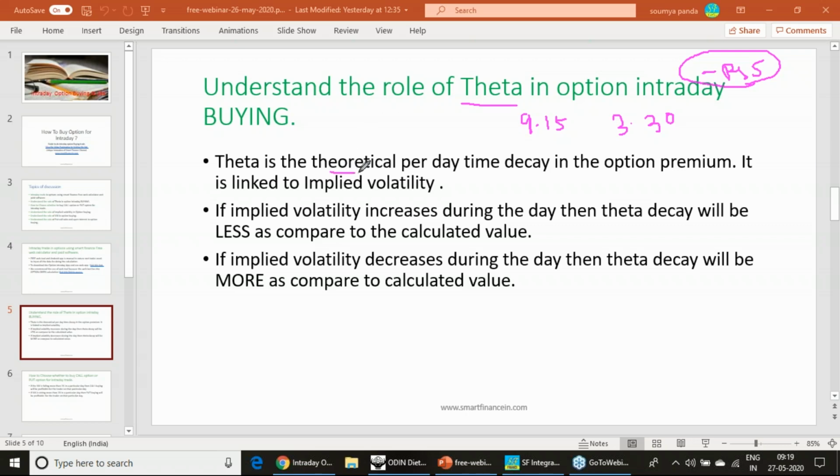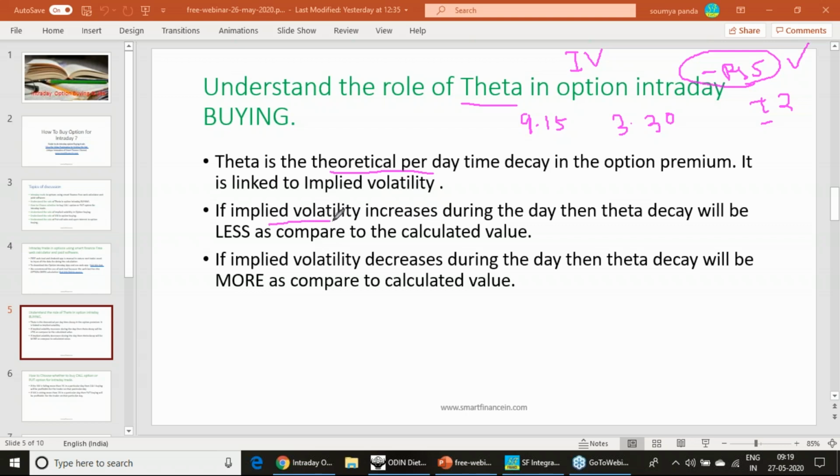And it is theoretical. Why is it theoretical? Whatever theta you calculate, at the day end you may get plus or minus 2 or 3 rupees, more decay or 2 or 3 rupees less. Whatever theta is calculated, it is based upon the current implied volatility. That's why it is theoretical.